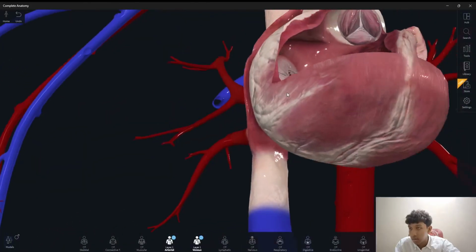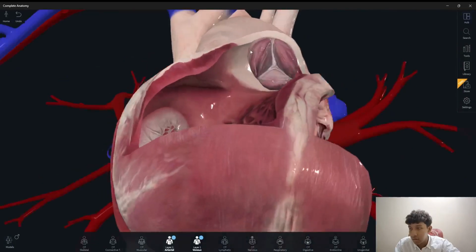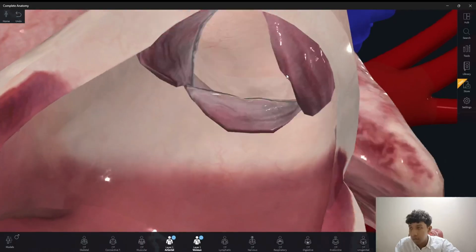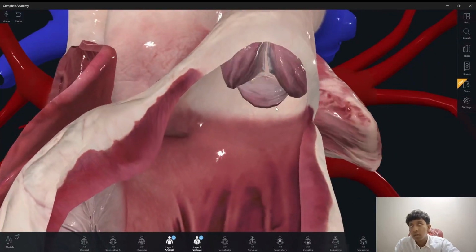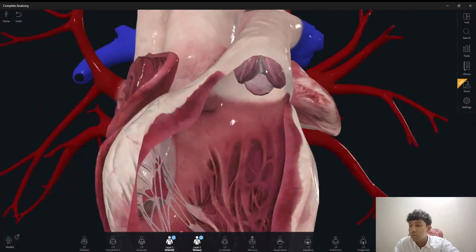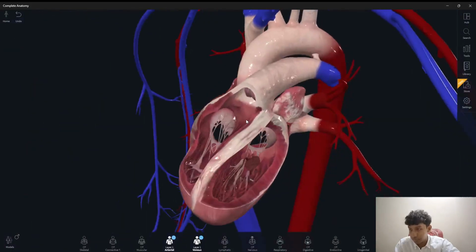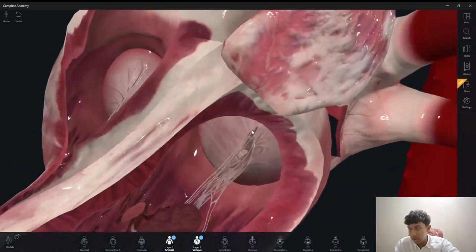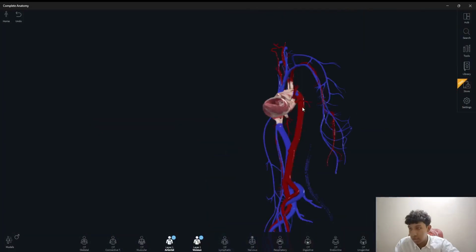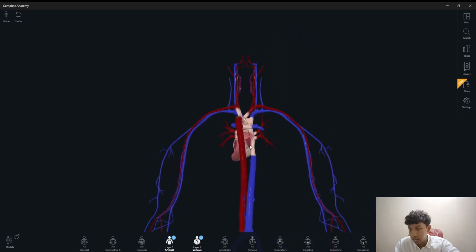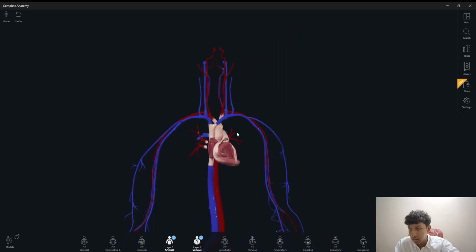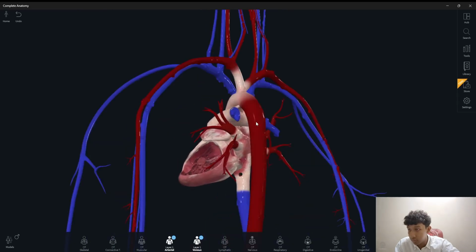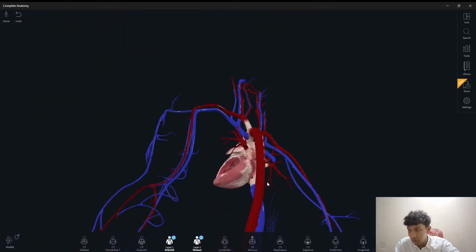we have also here in the dextra side, the dextra part of the heart, the semilunar pulmonary valve, right? Pulmonary valve. Sorry. So yeah, the blood then goes to the aorta, and from there the blood travels superior and inferior through the whole body, through the aorta and the arteries.